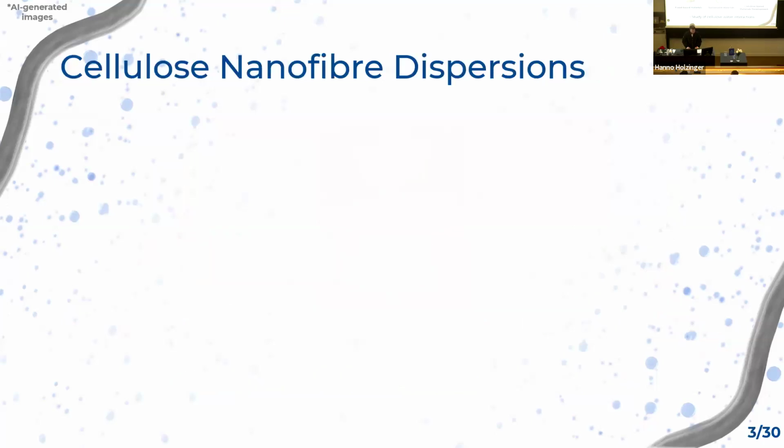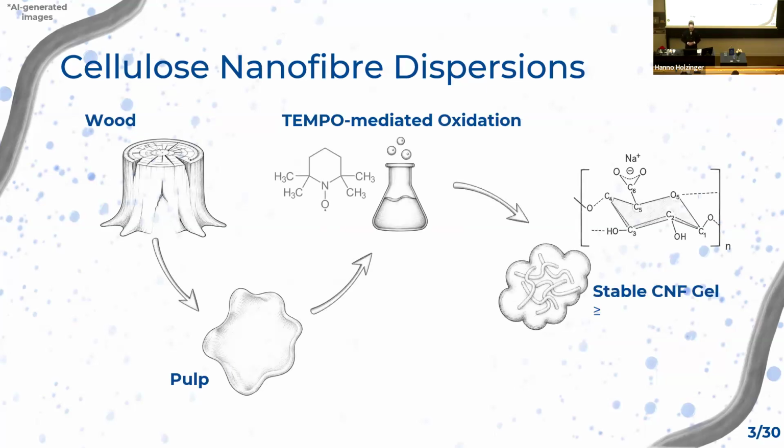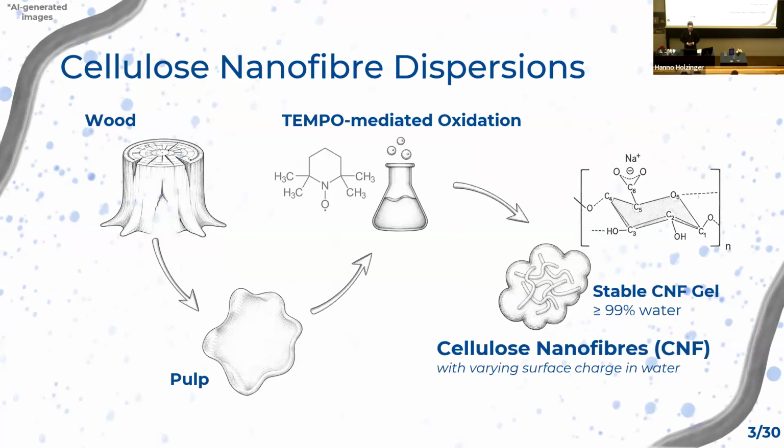Now, before we get deeper, let me briefly introduce what kind of cellulose materials I've been working with. There's cellulose nanofiber, or CNF, dispersions, as I will refer to them throughout the presentation. To get cellulose nanofibers, you start with wood that is first pulped and then mechanically as well as chemically treated to separate the other wood components, such as hemicellulose and lignin, from it.